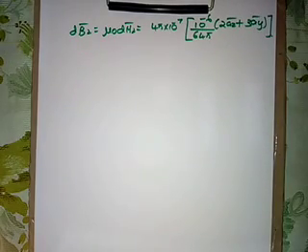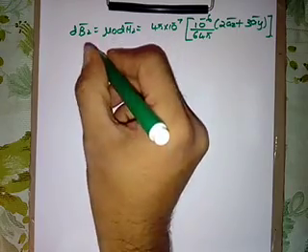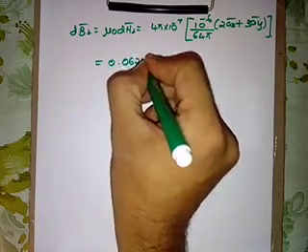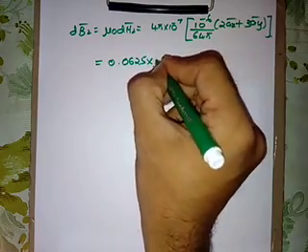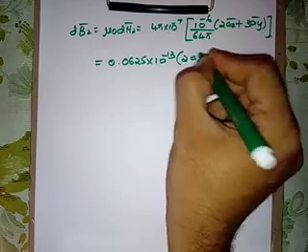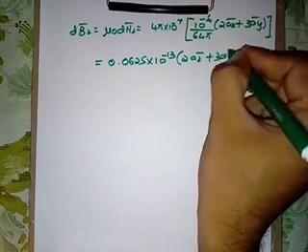On simplification what we get here is 0.0625 into 10 raised to minus 13. Fine students, so this into 2 az bar plus 3 ay bar Tesla.